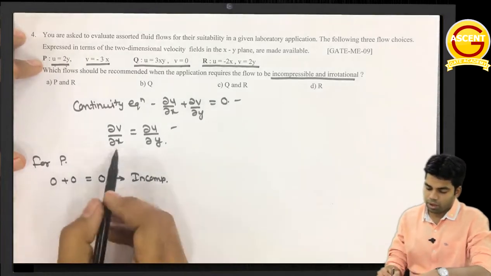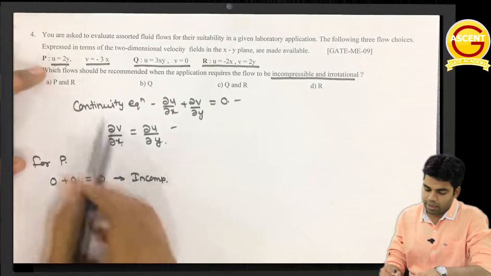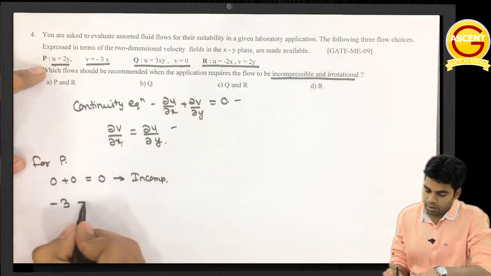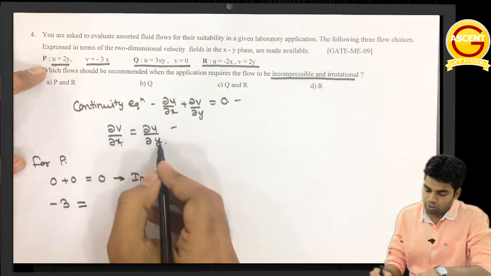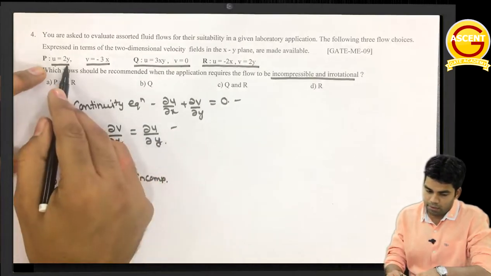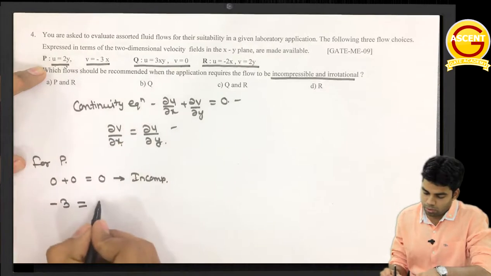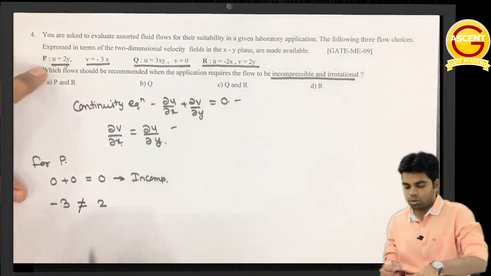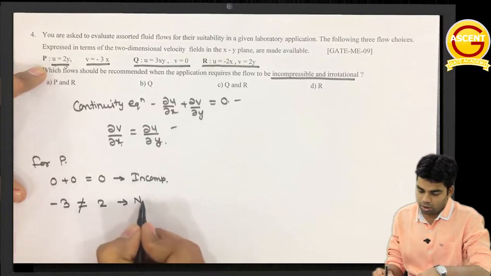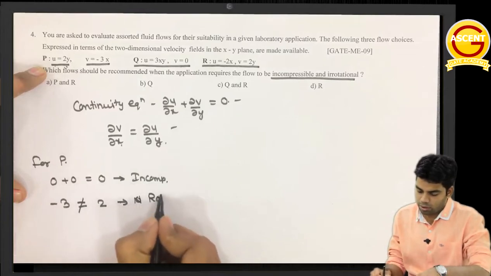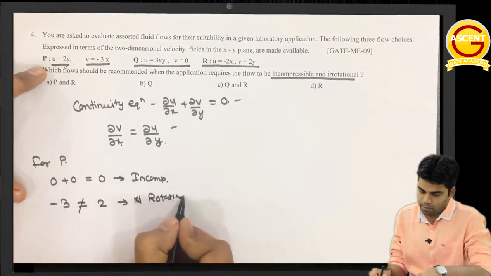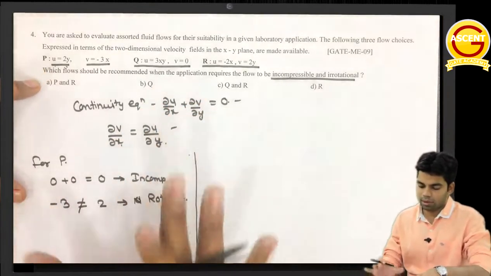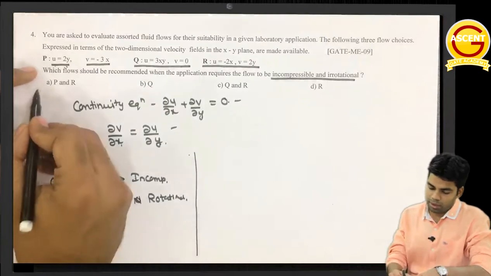Now for irrotational flow, del v by del x is minus 3, this should be equal to del u by del y, which is 2. So this is not equal, so this is not an irrotational flow, or you can say this is a rotational flow. Getting this? This is for P. So P is not our required flow, so you can eliminate this option.